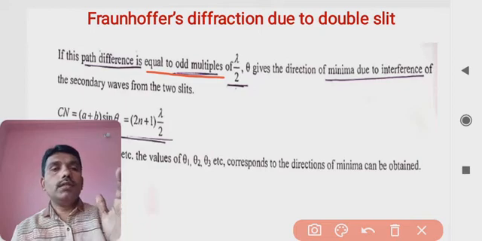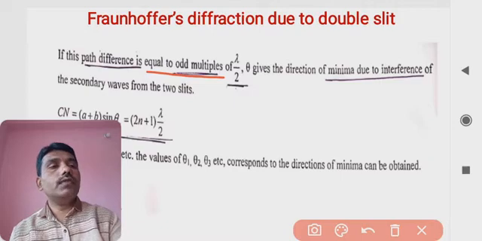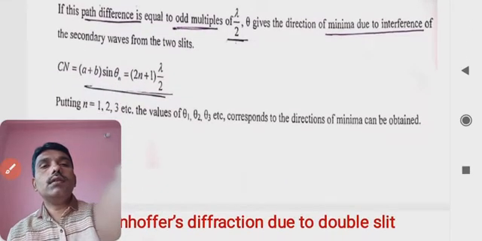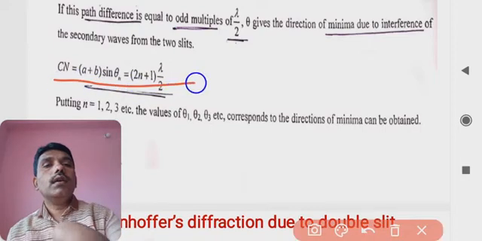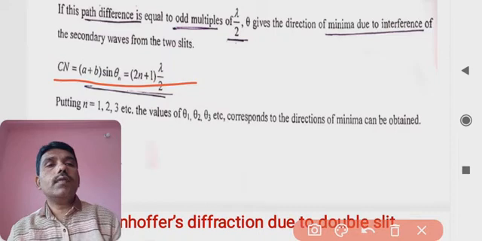As we know, the slits act as secondary wavefront sources, and due to that the minima are going to be found for the odd multiples. Already we have seen in this interference phenomenon that Cn is given by small a plus b sin theta equal to odd multiples, that is, 2n plus 1 lambda by 2.